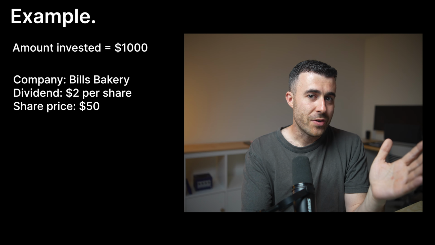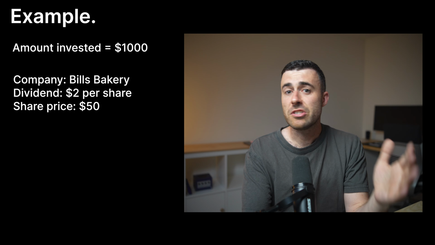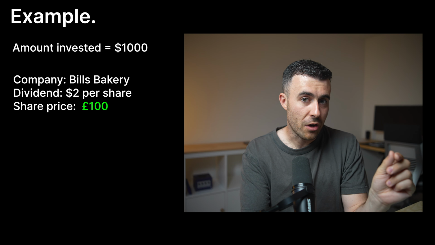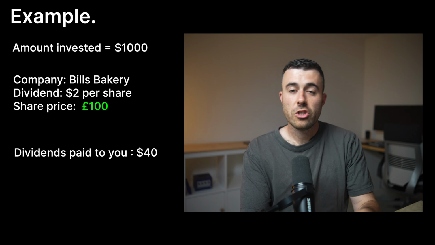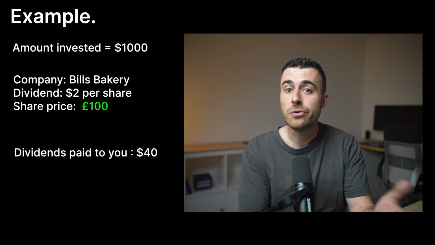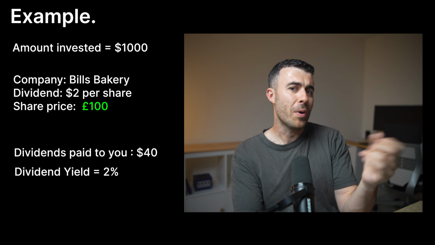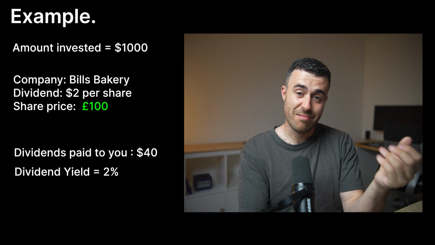But in another example, you invested $1,000 again, but this time the stock price rises to $100 a share during the year and the dividend payout stays the same. You'd still get $40 because you own 20 shares, each paying $2 in dividends. But when you analyze the stock, the dividend yield now shows 2% instead of 4%. This means if you're using yield to measure the dividend, it looks half as attractive, but in reality, it's actually the same.